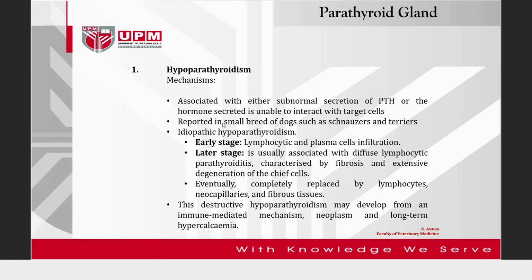But as the condition progresses, the inflammatory reaction becomes more diffuse in nature, with fibrosis and extensive degeneration of the chief cells, and eventually the entire gland will be replaced by lymphocytes, new capillaries, and fibrous tissue.